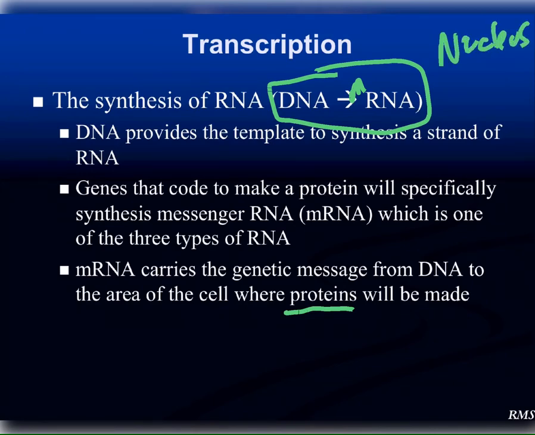Now, how would you already know it occurs in the nucleus? Because I just told you DNA is in the nucleus and it's not coming out. So if you're going to build mRNA from DNA, it has to occur in the nucleus. So DNA to mRNA is occurring in the nucleus. And that mRNA is the message going from DNA to the ribosome to dictate how to build the protein.